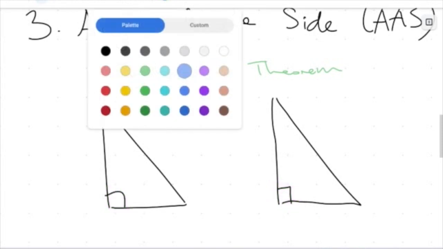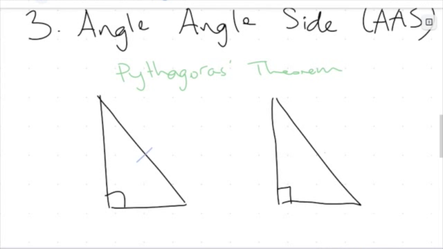So if this particular side, if these are equal, this is what we call the hypotenuse, if you remember. This is the side opposite the right angle. If we are given the hypotenuse being equal and another pair of sides being equal, that is enough to say that this final pair of sides are equal. Now, why is that?